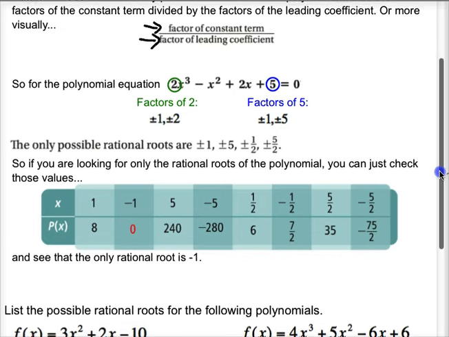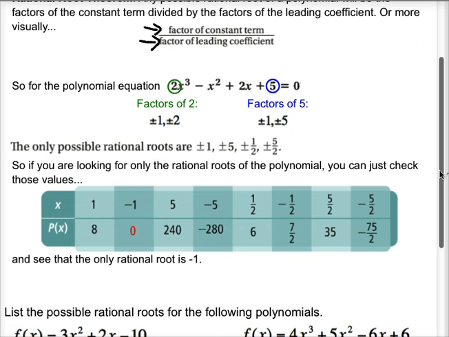So for this polynomial right here, I take the factors of the leading coefficient, so the factors of 2, which are just plus or minus 1, plus or minus 2. Then the factors of 5, which are just plus or minus 1, plus or minus 5. And then I start running through my options. So factors of the constant divided by factors of the leading coefficient.